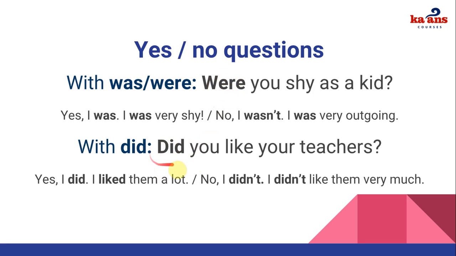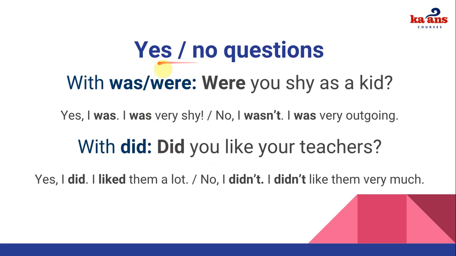Whereas we have did, which functions as the auxiliary. It's just going to help. But the real action, the real verb is like. Okay? So with that said, please take note and take into consideration the difference between was and were and did.